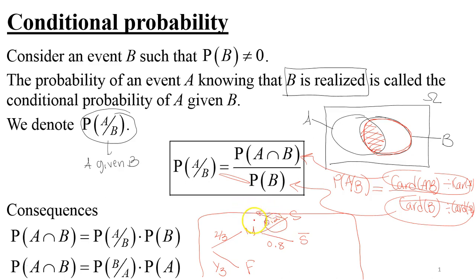So the 0.2 here is the probability that that person swims given that he is a male, and the 0.8 here is the probability that that person does not swim given that he is a male. So whenever we say that we have 0.2 of 0.6 that swim, that 0.2 is a conditional probability.